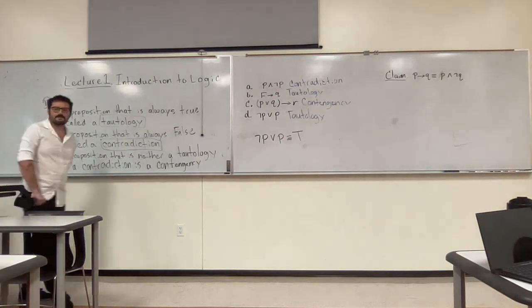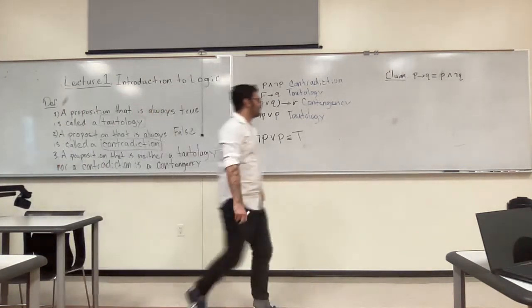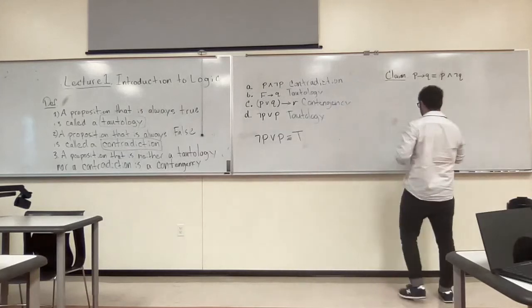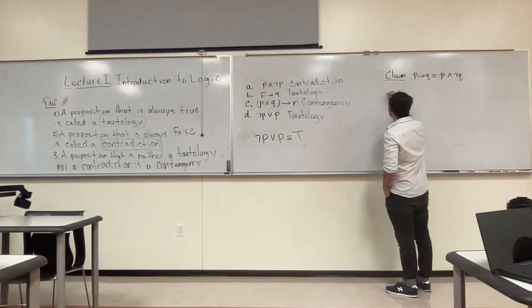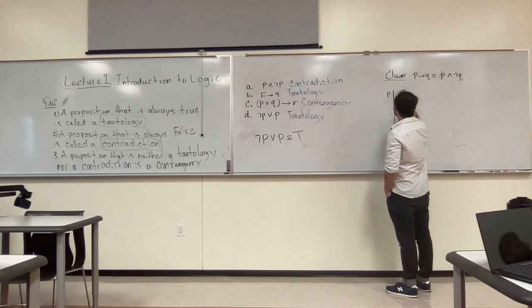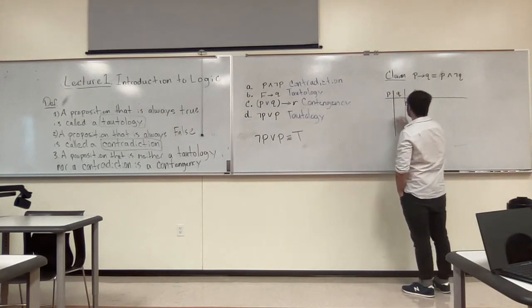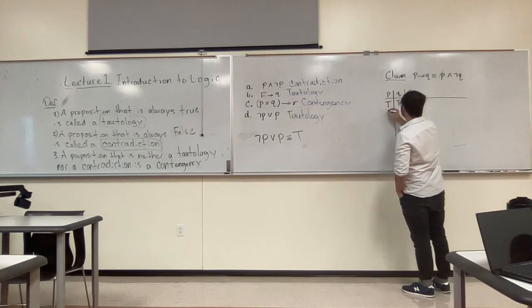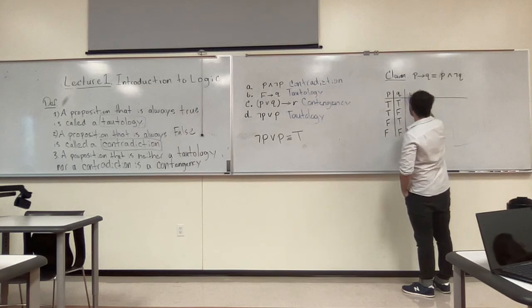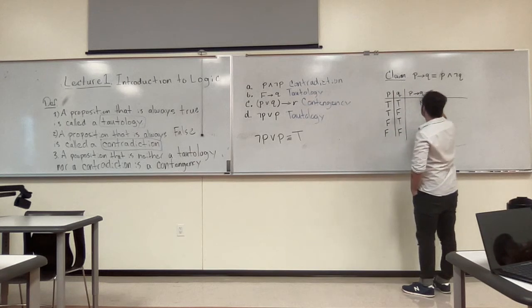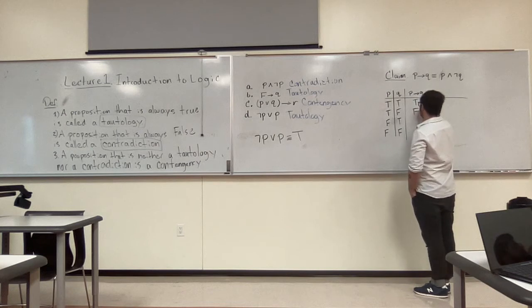Okay, so it really is just as simple as verifying the truth table. So let's go ahead and do that. True, false, false, true, false, false. And so if P then Q: true, false, true, true.